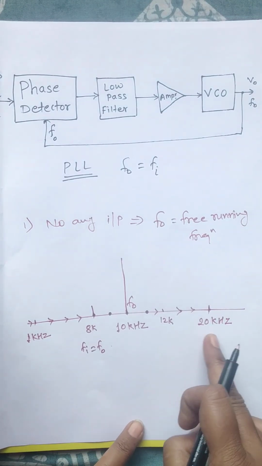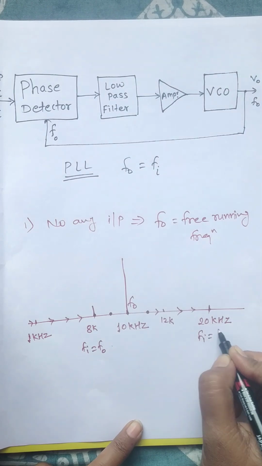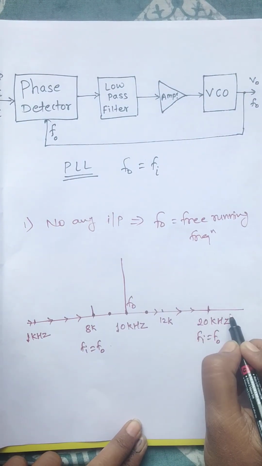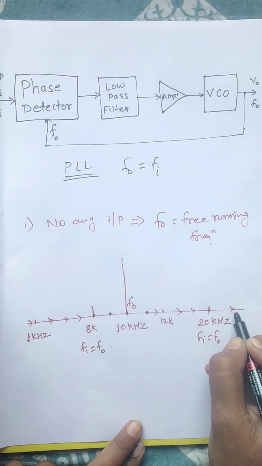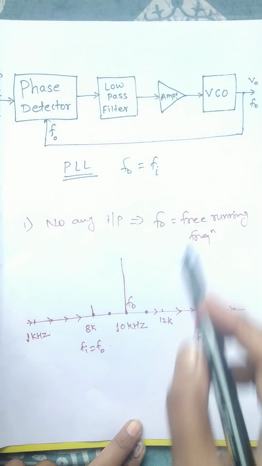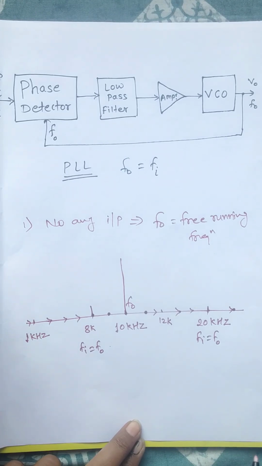Input signal frequency is 20 kilohertz, so the output frequency also becomes 20 kilohertz. Now the input signal frequency is 21 kilohertz, but the VCO will lose its functioning. The VCO will lose its tracking, we can say.